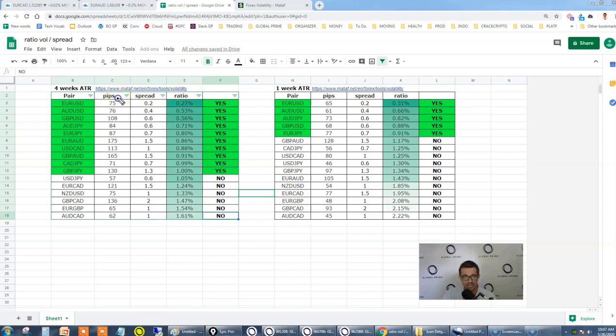Now we are standing at 75 pips in volatility, and we have a spread to be paid which tends to be between 0 to 0.2. Okay, so it ranges, it varies depending on the liquidity. So that puts us in a position where we get a 0.27% ratio.